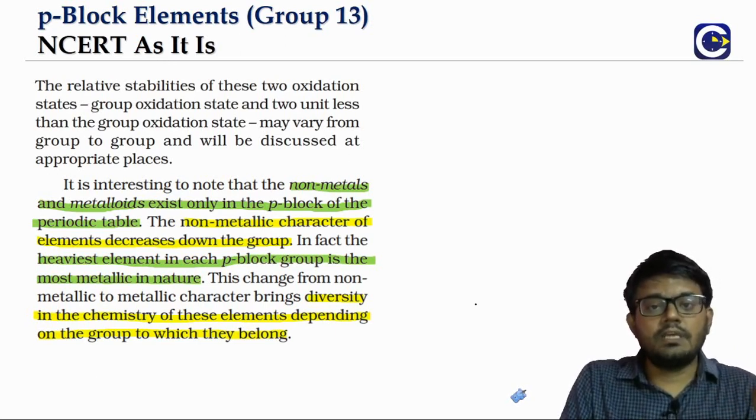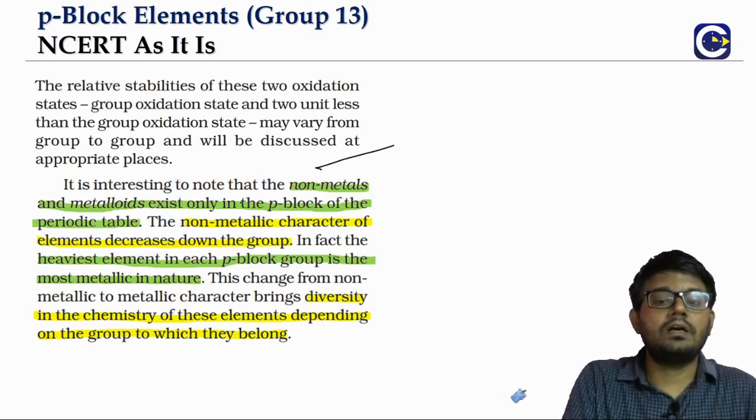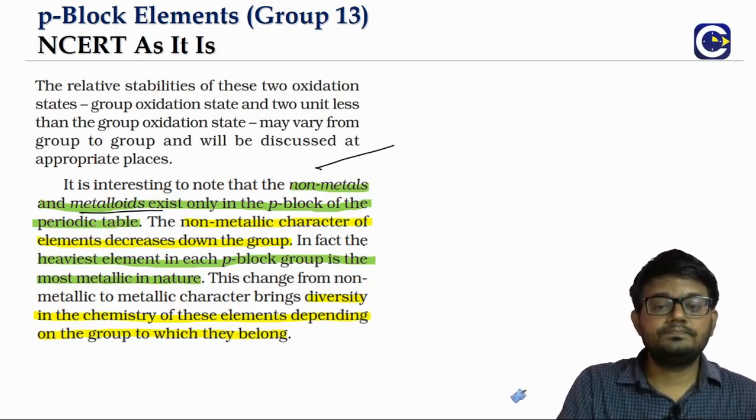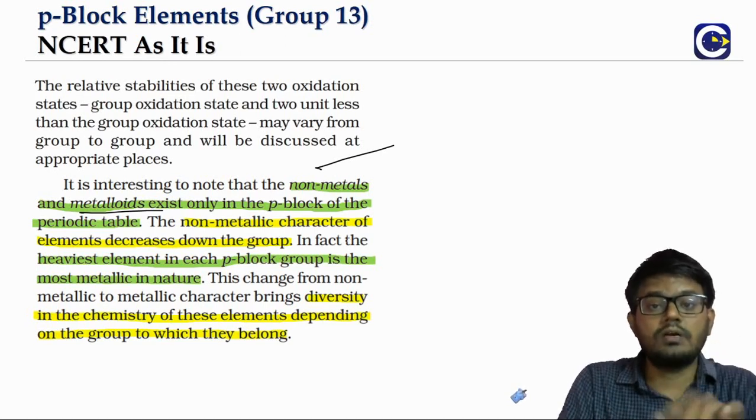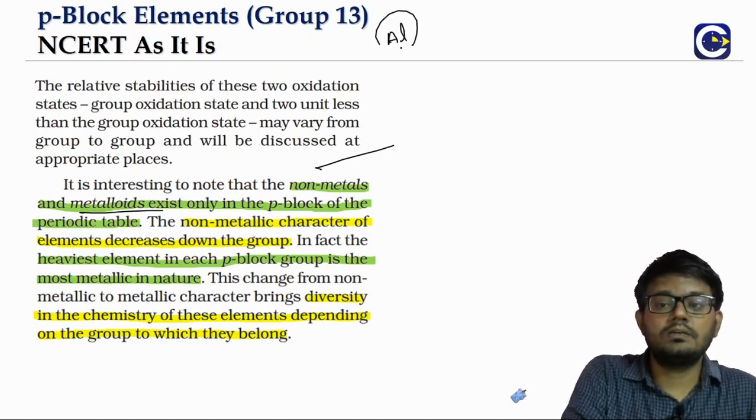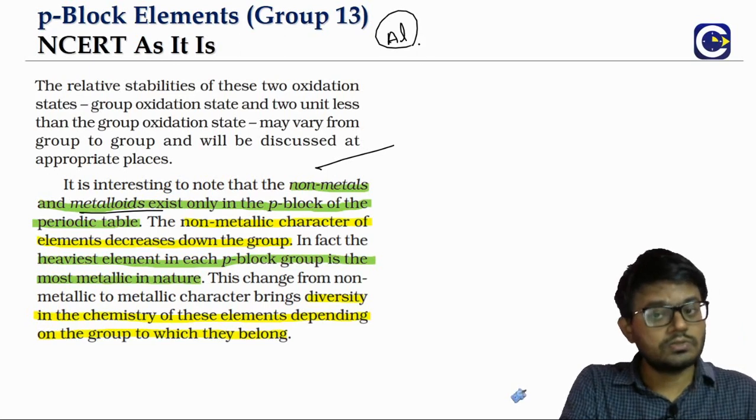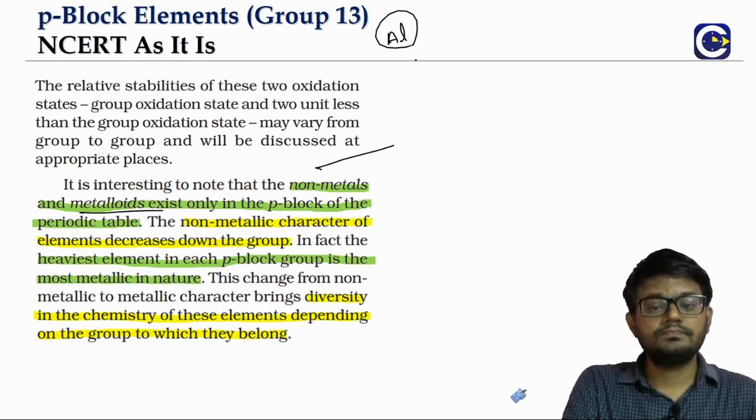Inner transition F block will have almost similar properties, but all of them at the end of the day are metals. It is only in the P block that you will find non-metals and metalloids. Of course, in P block you will also have metals like aluminum, which is a very electropositive metal.